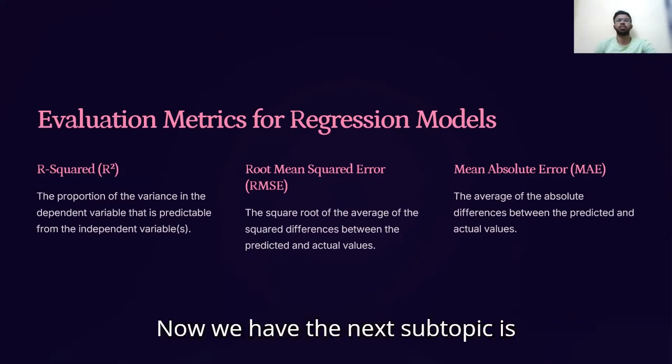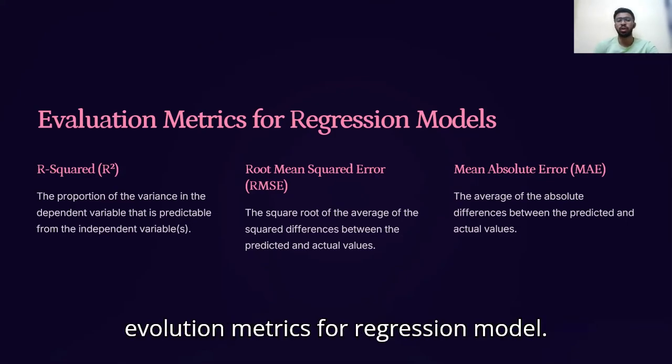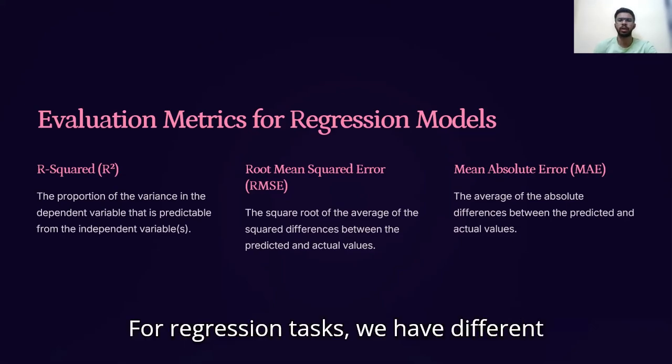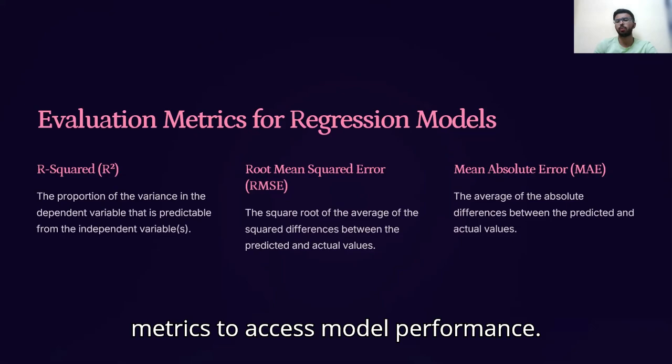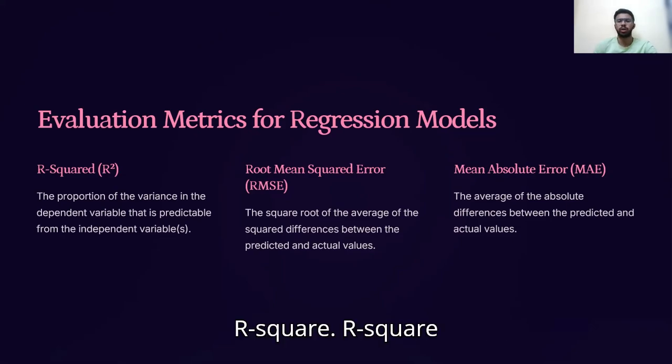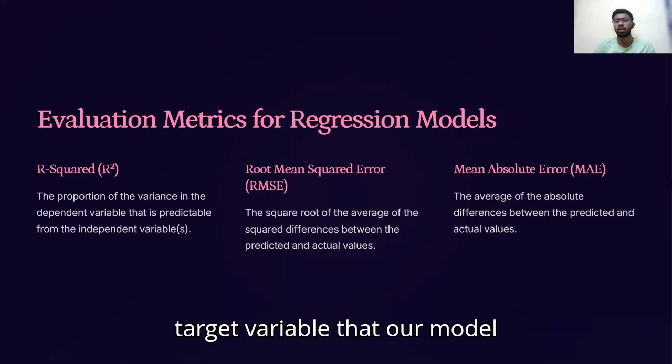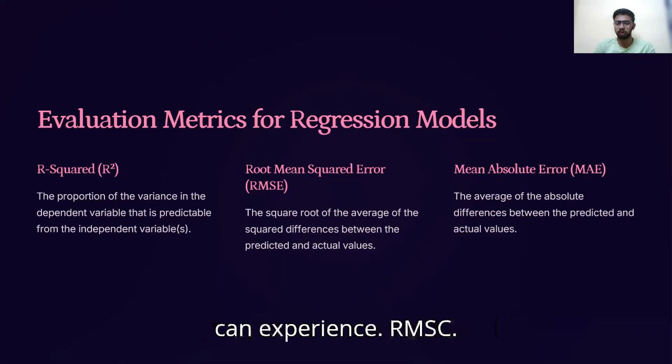Now the next subtopic is evaluation metrics for regression models. For regression tasks, we have different metrics to assess model performance. R squared. R squared shows the proportion of variance in the target variable that our model can explain. RMSE.